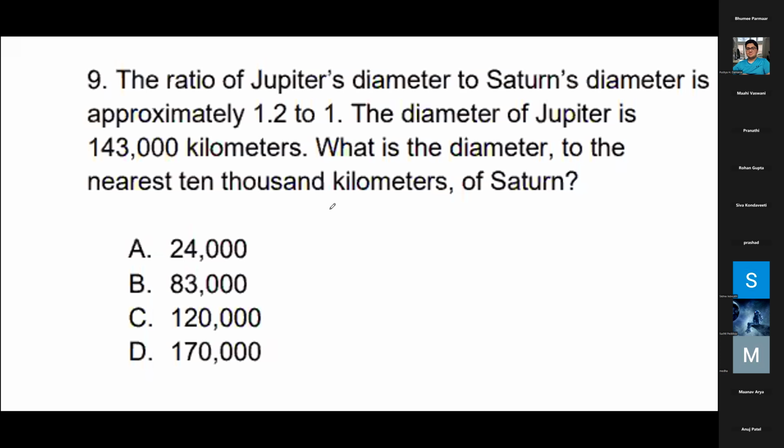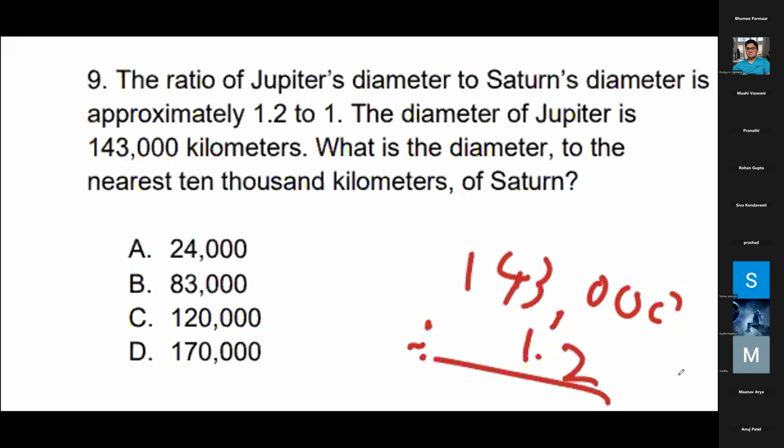What is the diameter of Saturn? Well, it's just 143, whatever, divided by 1.2. You could put this into your calculator, or you could also just look at the answers and figure out that it would have to be C, because this is bigger, and this is way too small, and this is also way too small. This would be more like 1.8 to 1. So the correct answer is choice C.